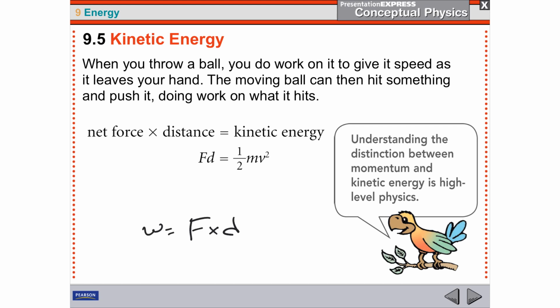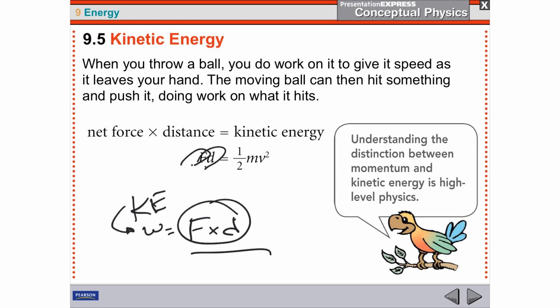So I could find the newtons of push, I could find the distance over which that force was applied. There's all kinds of questions I can answer if I substitute for kinetic energy. It's equal to the work, and the work is equal to the force times the distance. So force times distance equals 1/2 mv squared is a different way of using this formula.